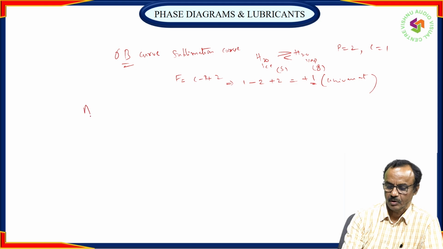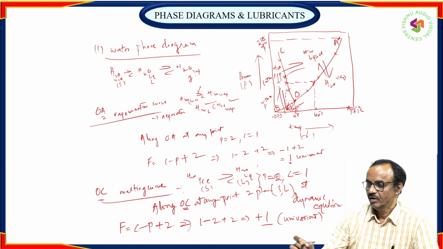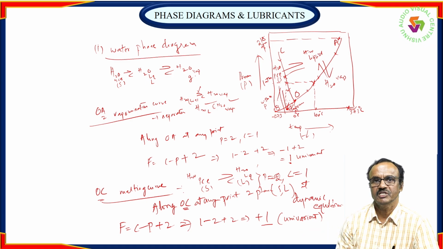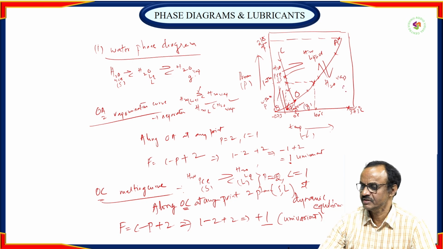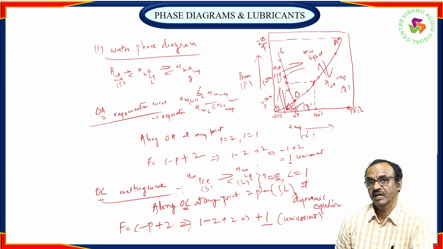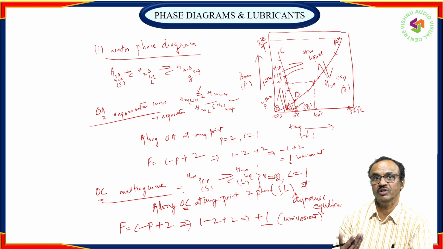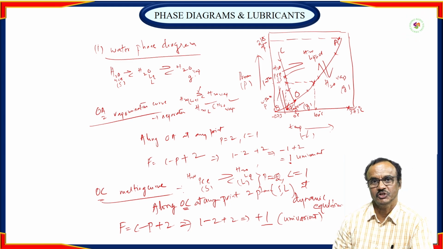Next, areas of the phase diagram. How many areas are there? AOC, only one liquid phase exists. AOB, only vapor of ice, vapor of water. Both are miscible since they are gases. Even if they are different, they can be mixed together. Air is composed of two components, but water vapor is composed of only one chemical constituent, that is H2O, right?